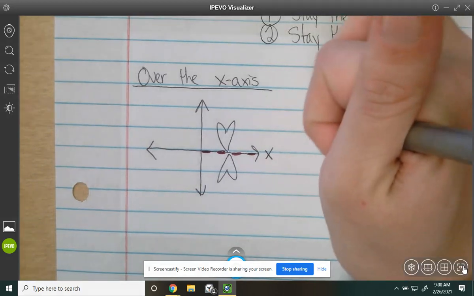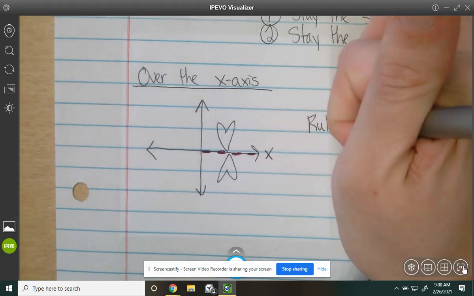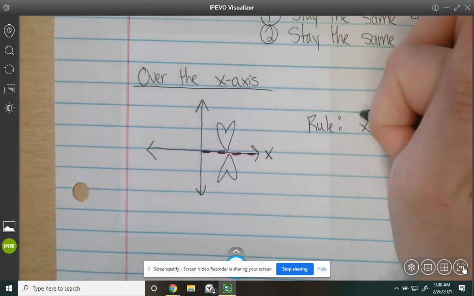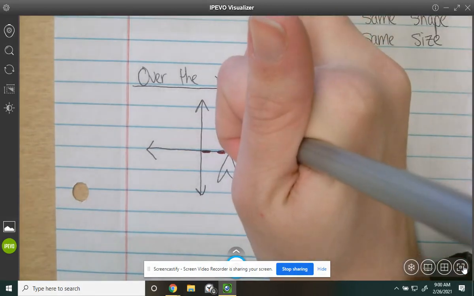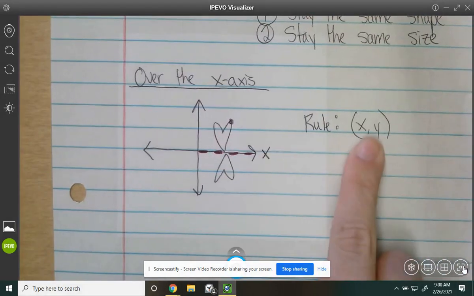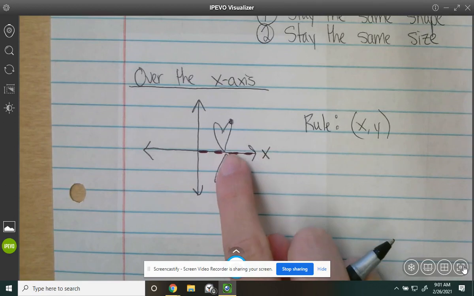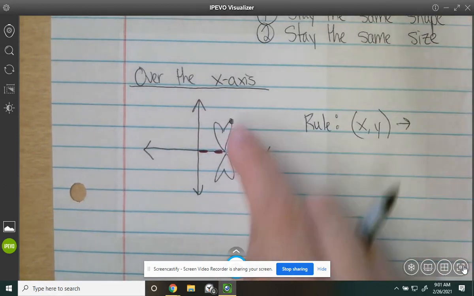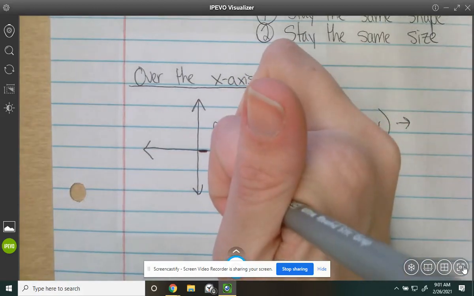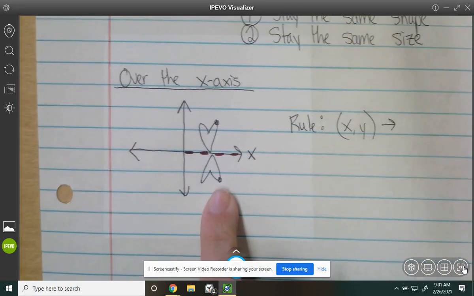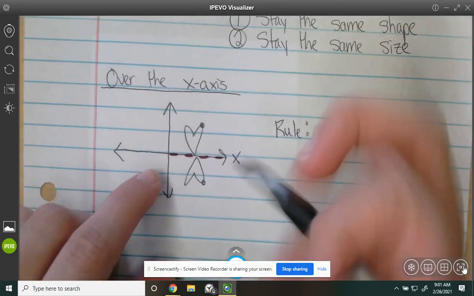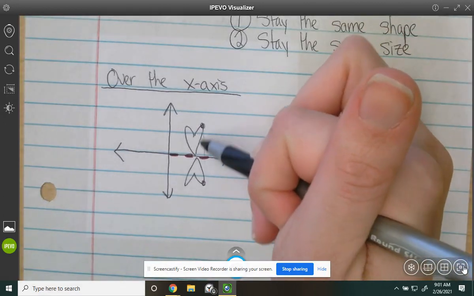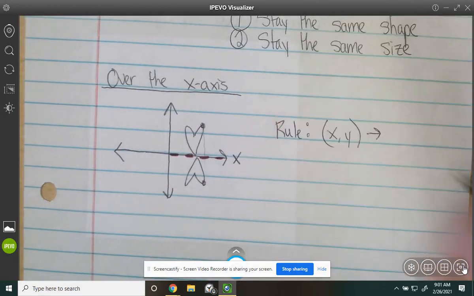Okay, we do have a rule for this. Let's say this point right here on my heart is the xy. It's in the positive, right? It would be a positive x and a positive y. But what happens whenever I reflect it and now it's down here? My x stays the same because it's still in the same x spot.